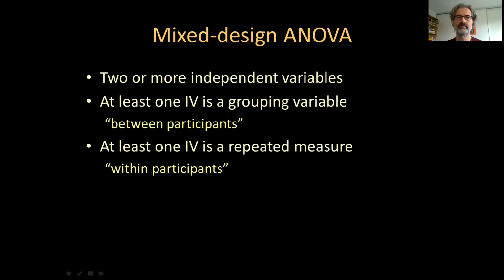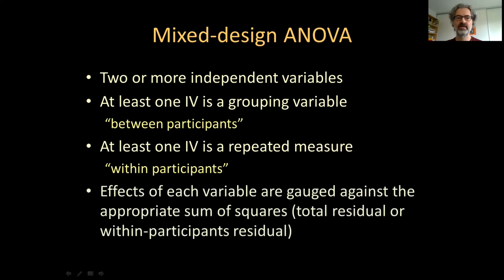The tricky part about a mixed design ANOVA is that the effects of different kinds of variables are gauged against the corresponding residuals. So the residual sum of squares that is relevant for a grouping variable is not the same as the residual sum of squares that is relevant for a repeated measure, because the residual for the grouping variable is what's left over from the total sum of squares, but the residual for a repeated measure is what's left over from the within sum of squares.